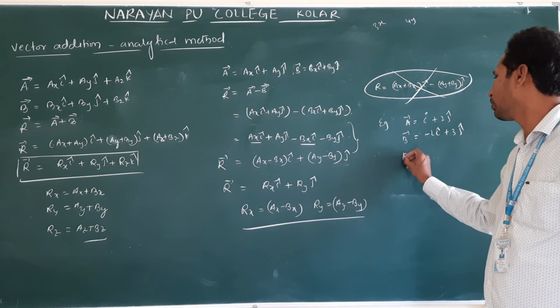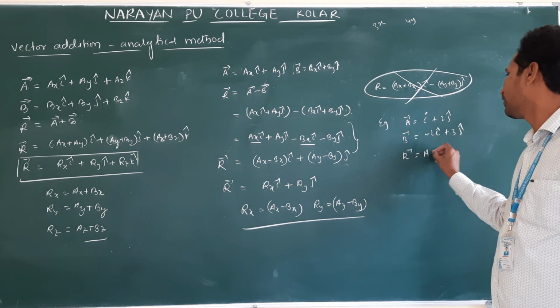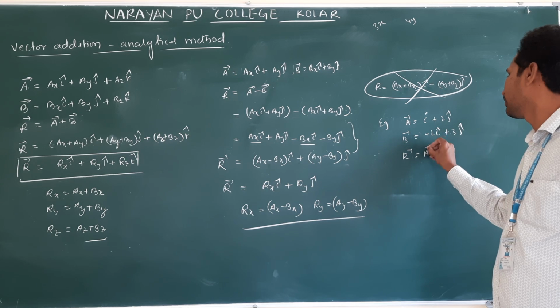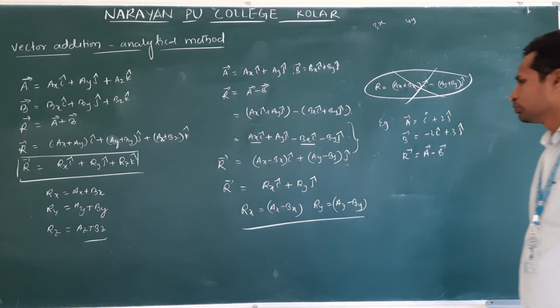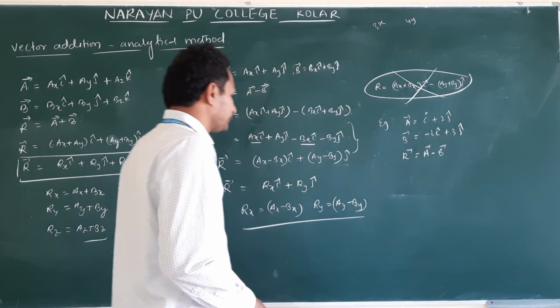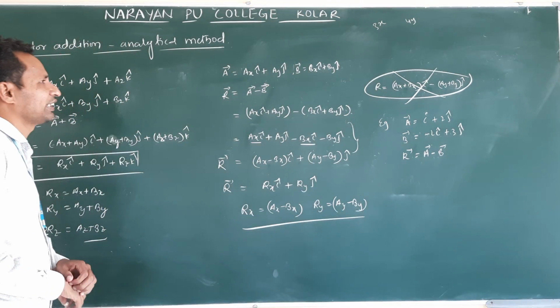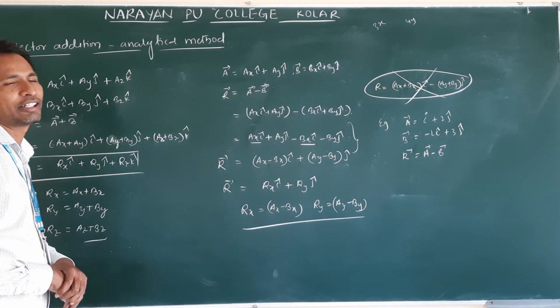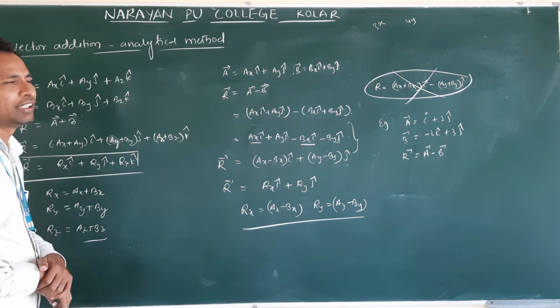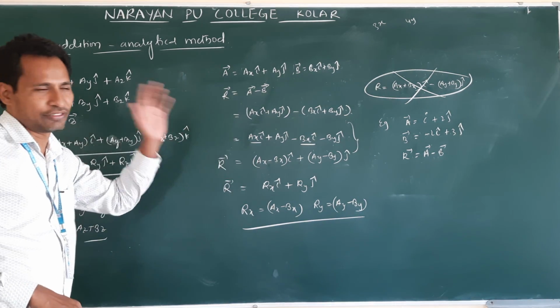Our intention is subtraction, A minus B. Already I mentioned subtraction is not there in vectors, but subtraction we can do by vector addition only. But the general method I am following here.